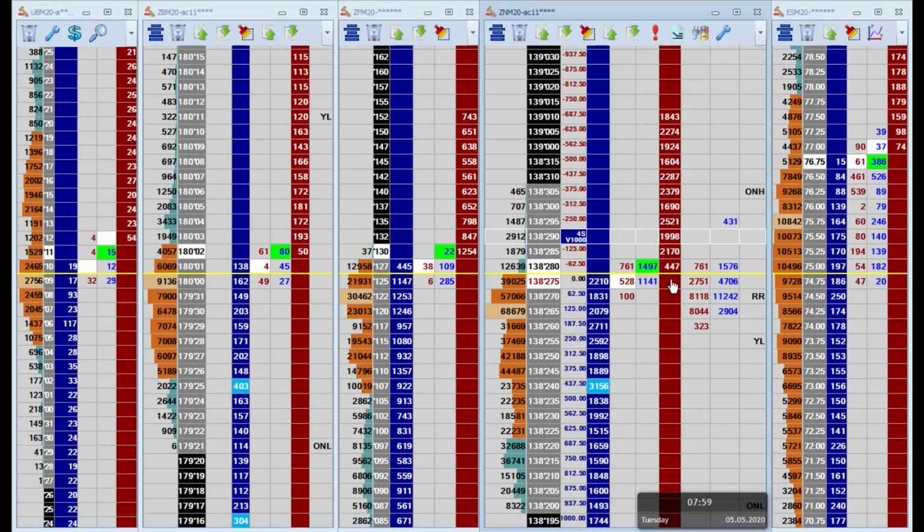But you can see the Ultra Bond's bidding up, 30 years bidding up, 5-year is pushing into the highs. Just not good.